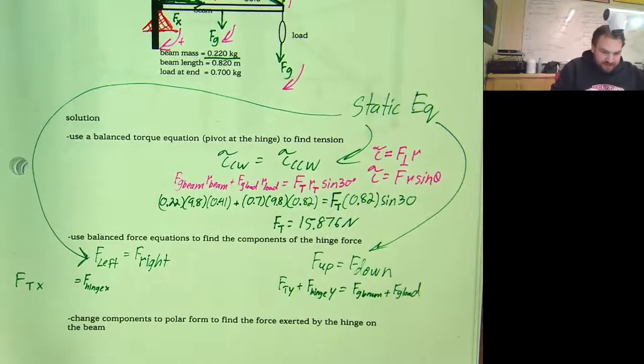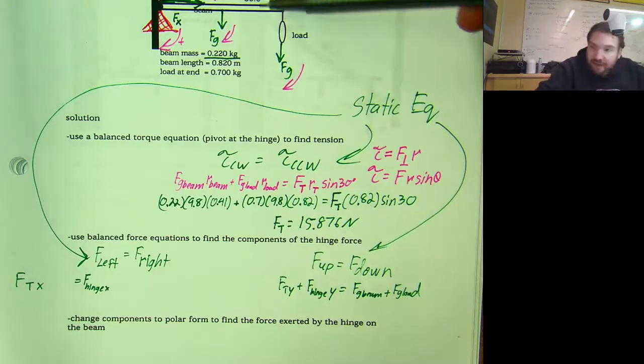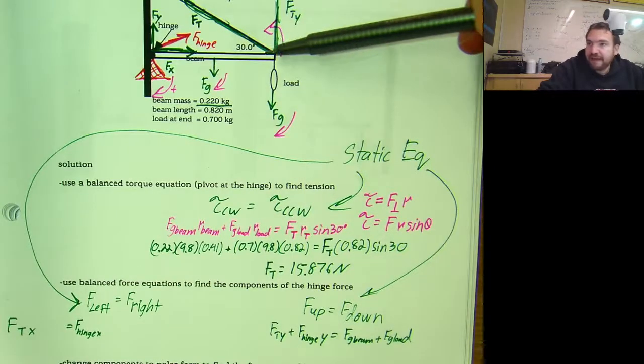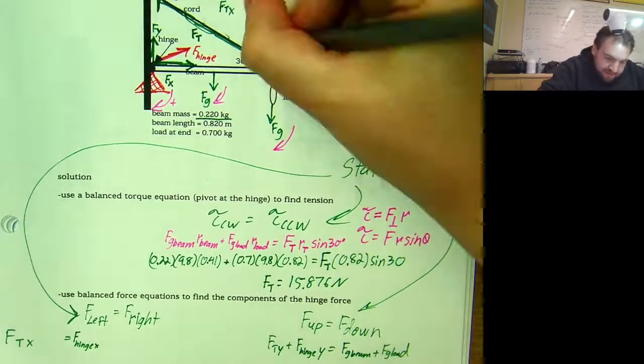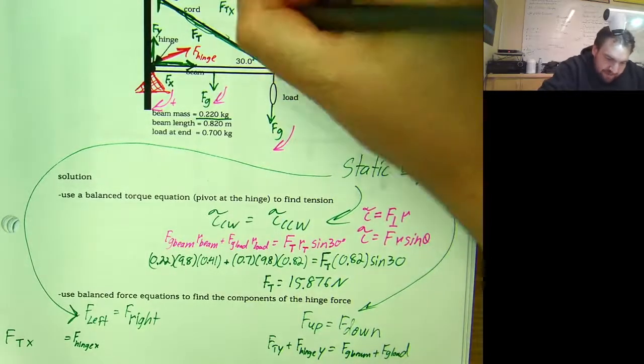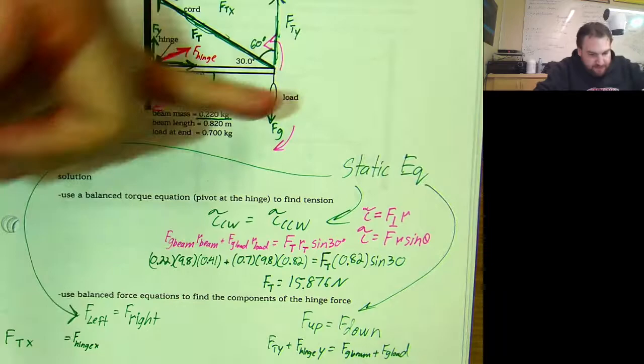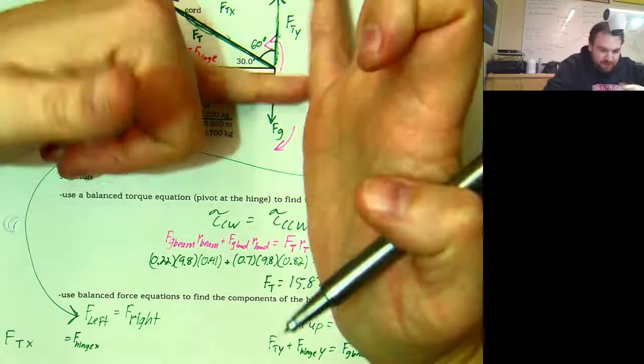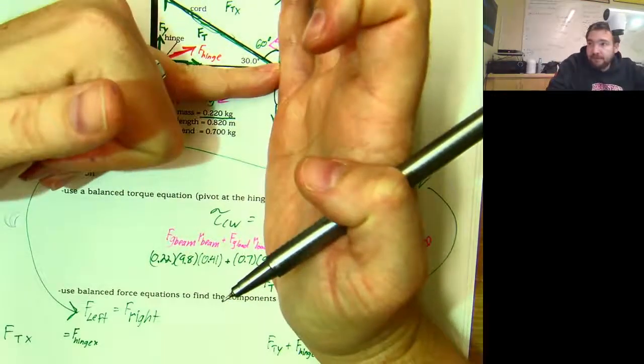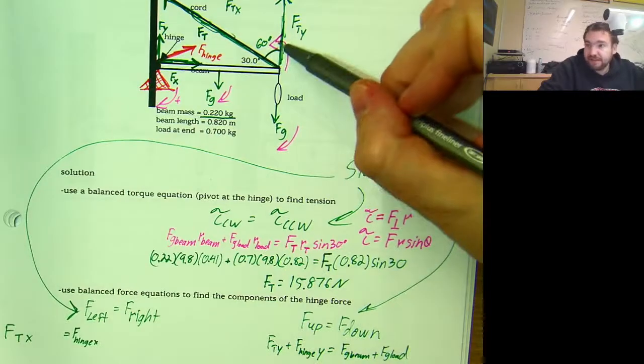Now FTX: if that angle is 30 degrees, this angle here has to be 60 degrees because this beam is horizontal, which means that's a 90. If that's 30, then that's got to be 60.